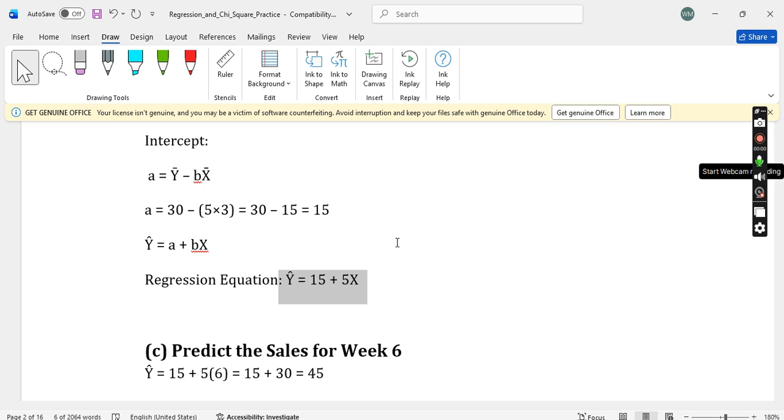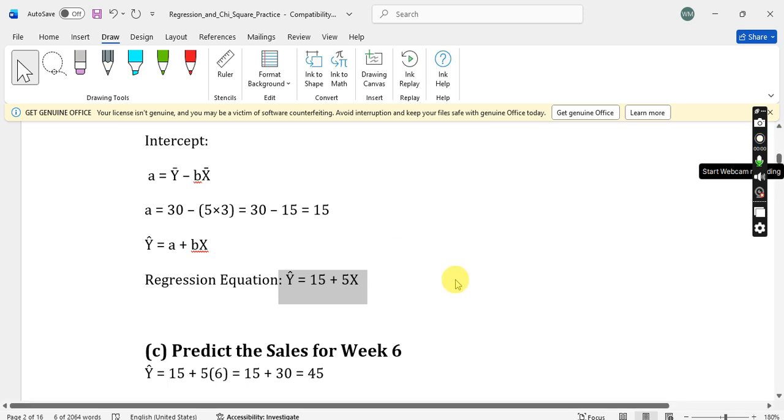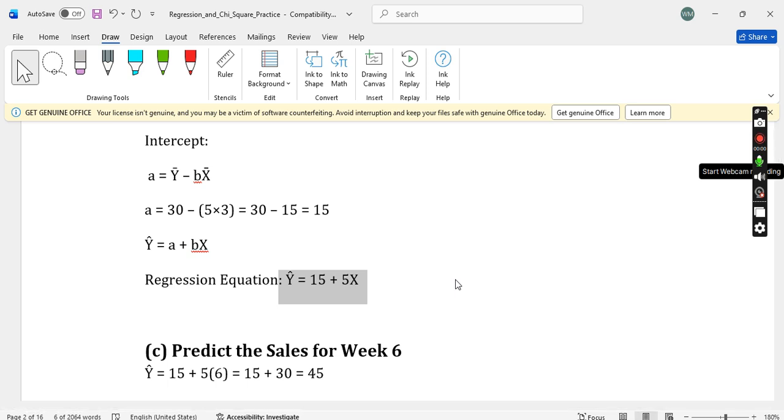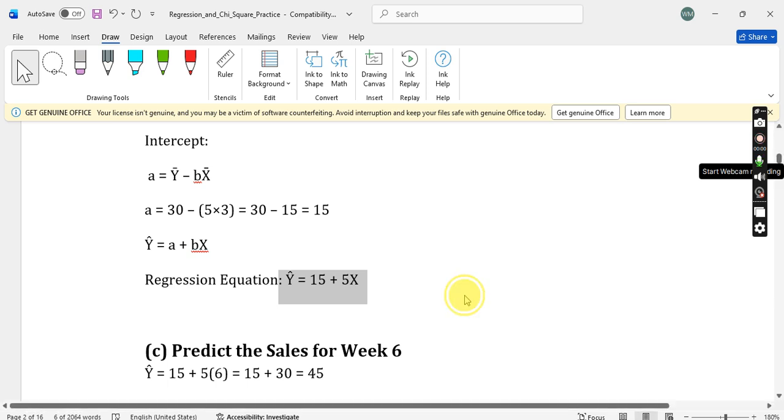And with this relationship, we can also now forecast, predict what our cells are going to be in the future. So as this part says, predict the cells for week 6. x represents the number of weeks, y represents the cells. So we want to predict the cells for week 6.